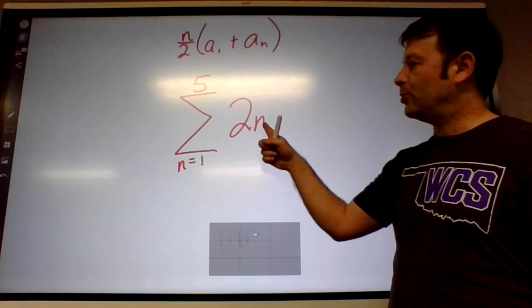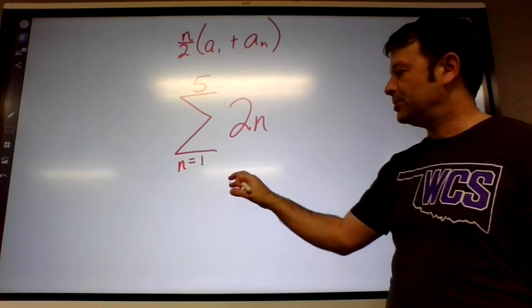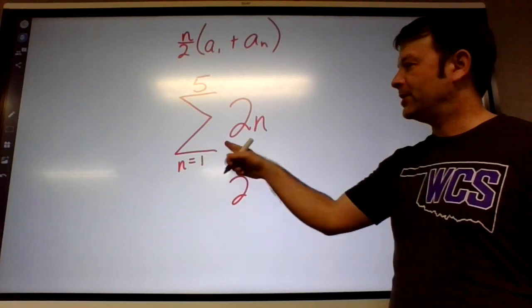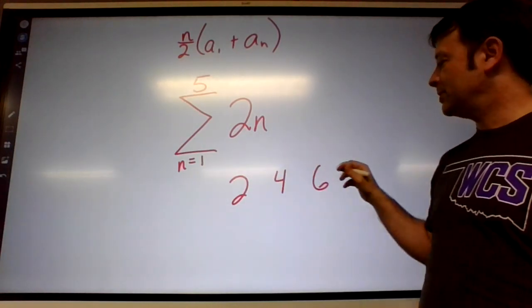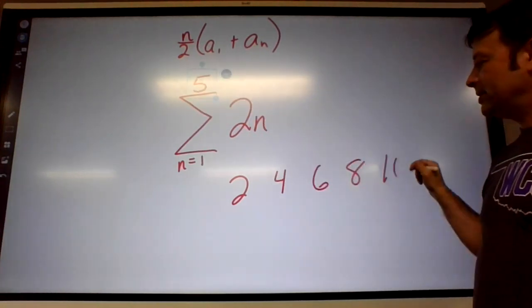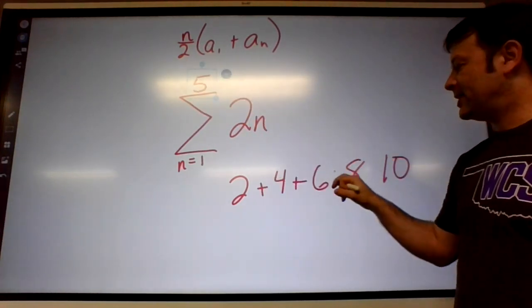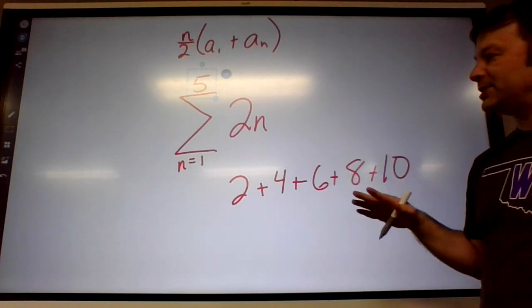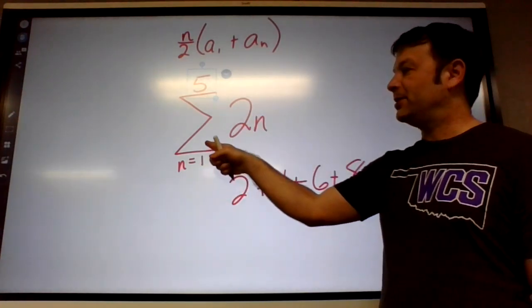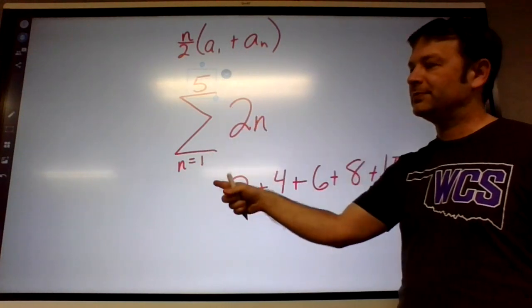If I plug in 1, 2 times 1 is 2. Plug in 2, 2 times 2 is 4. Plug in 3, 2 times 3 is 6. Plug in 4, 8. Plug in 5, this is the last one, you get 10. And you just have to add them all together, just like a series.